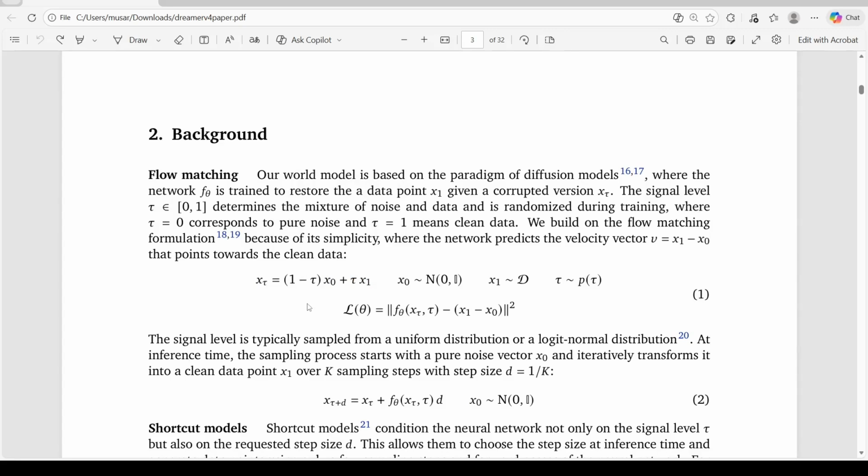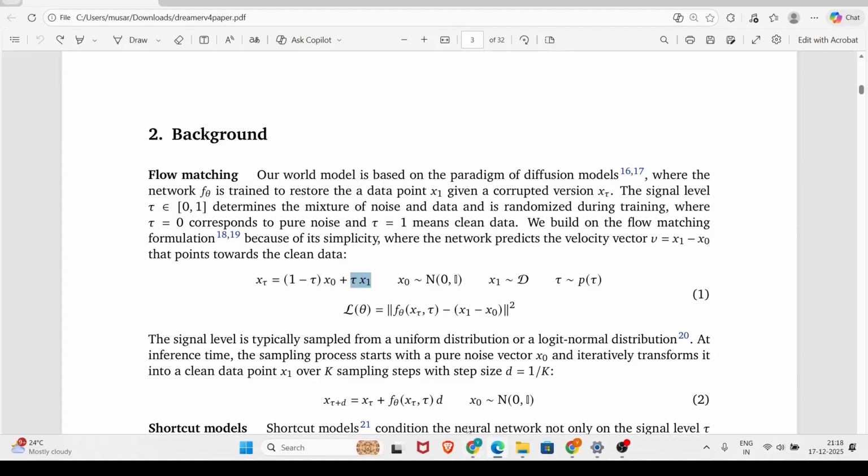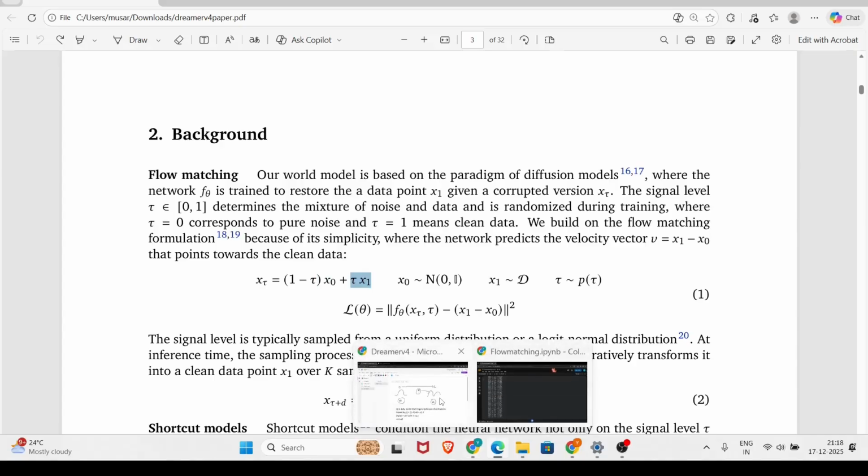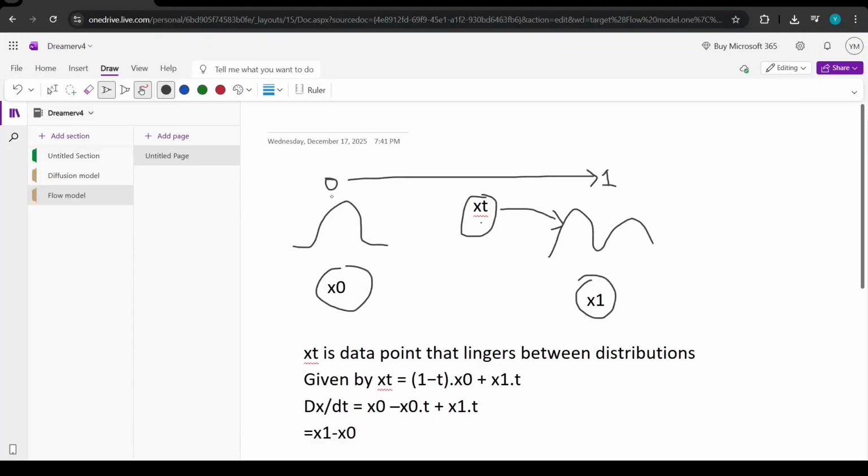So let's put the value of t as this tau, but I will just read it as t. Let's put t as 0. We will get 0 here, and this 1 multiplied with x0 will just give pure noise, and this will just become 0. So at t equal to 0, we have pure noise.